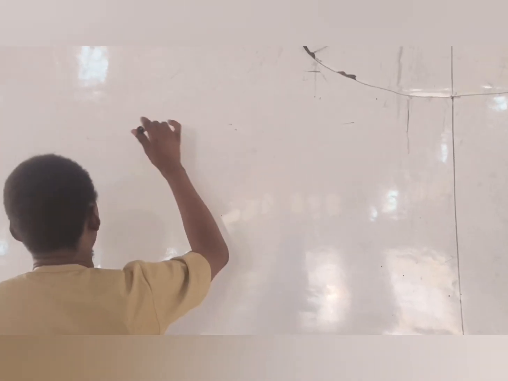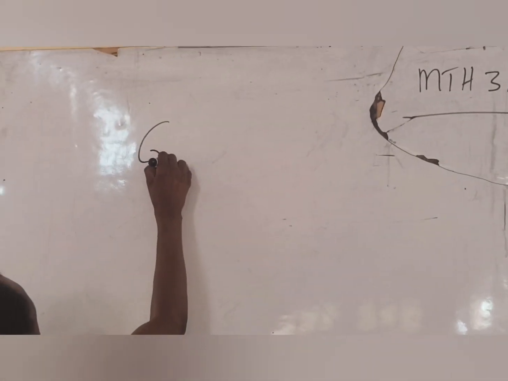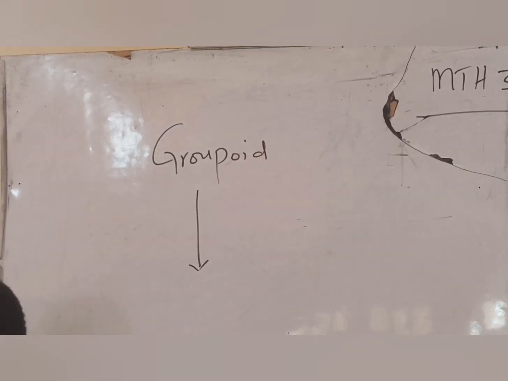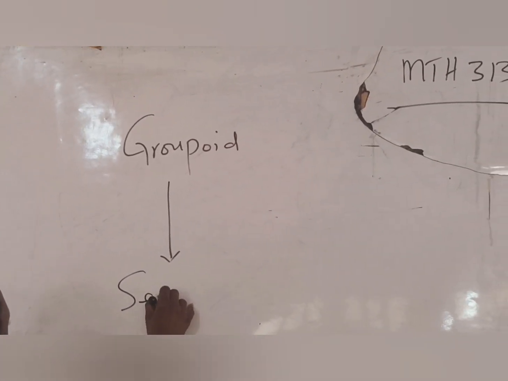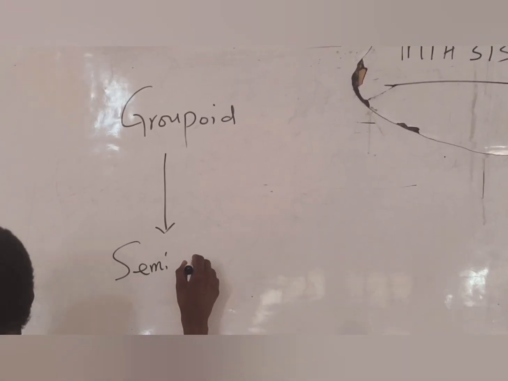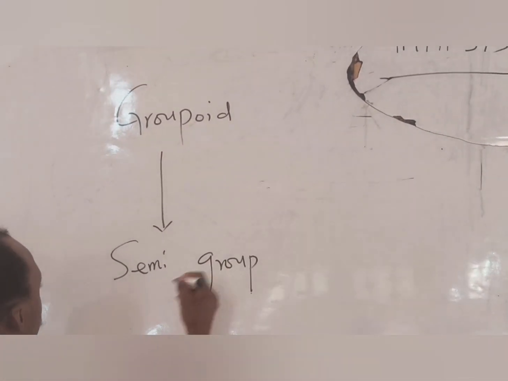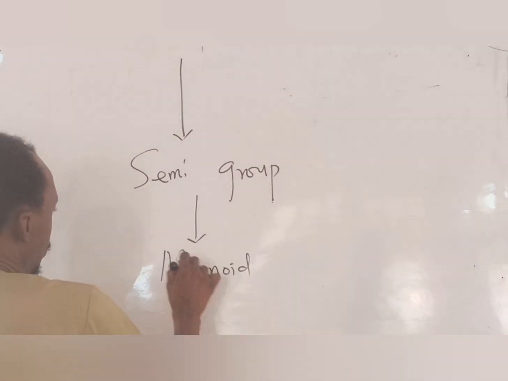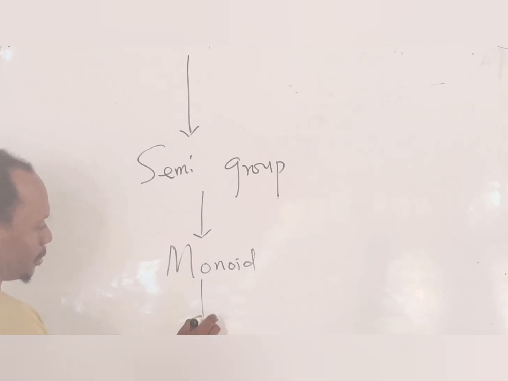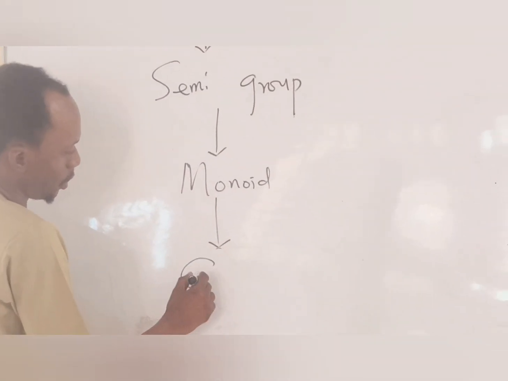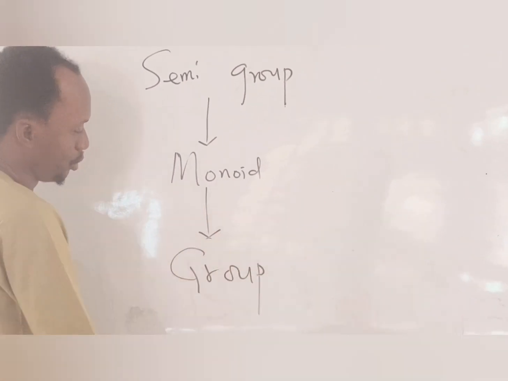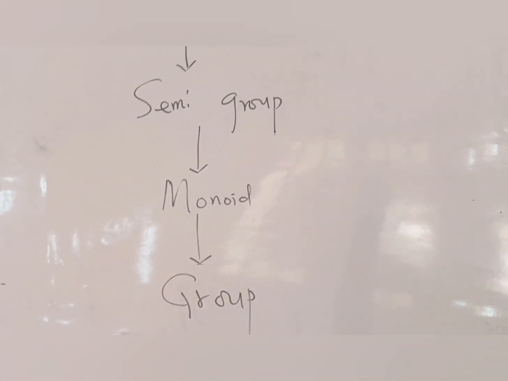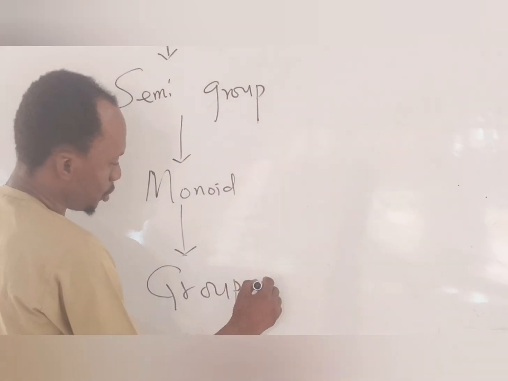Now, let's look at the structure, at how a group came about. Before the monoid gave birth to what we call the properties of a group.